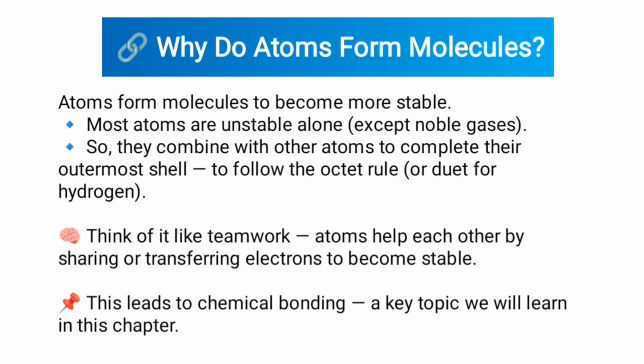Think of it like teamwork. Atoms help each other by sharing or transferring electrons to become stable. This leads to chemical bonding, a key topic we will learn in this chapter.